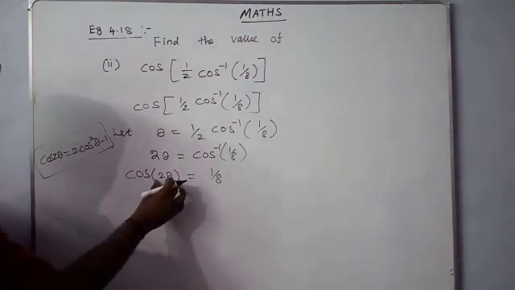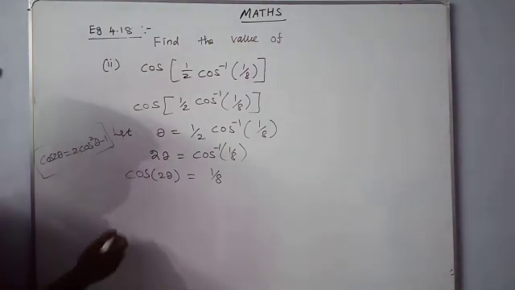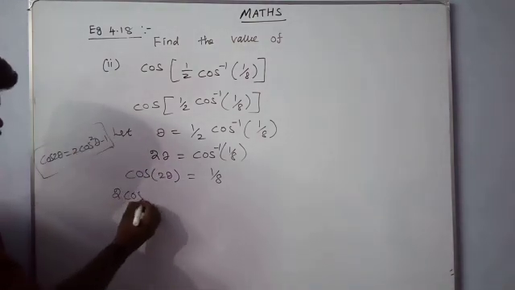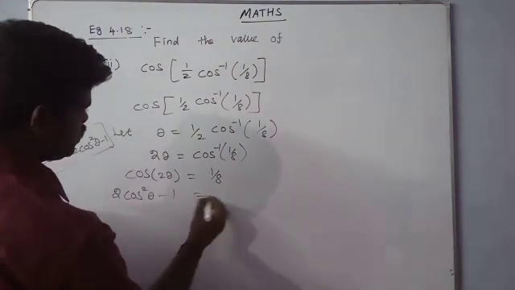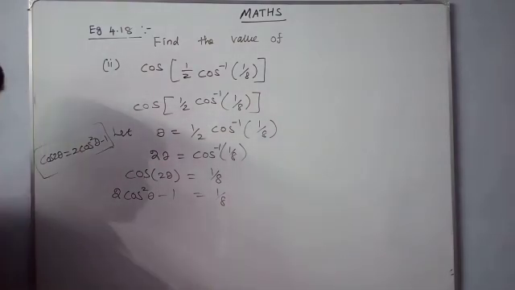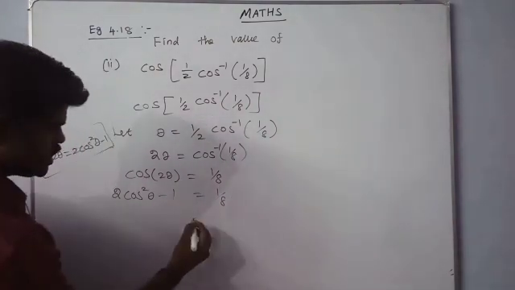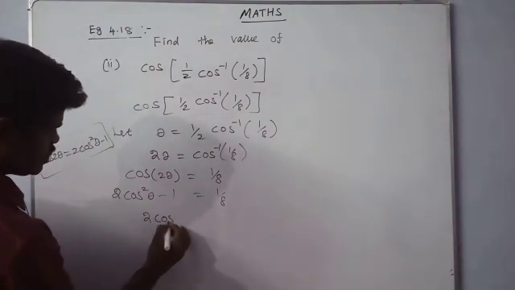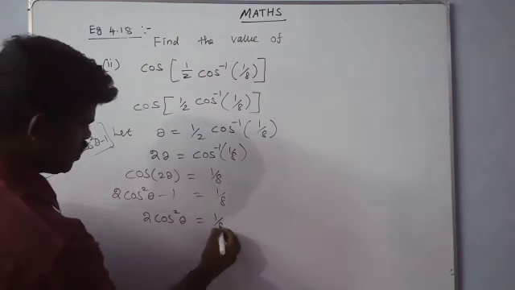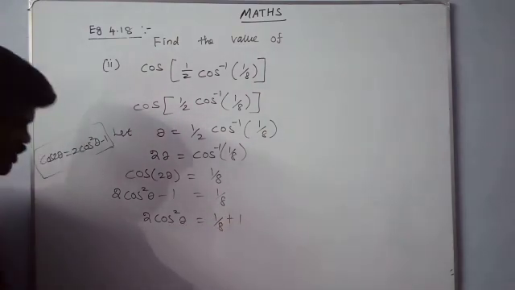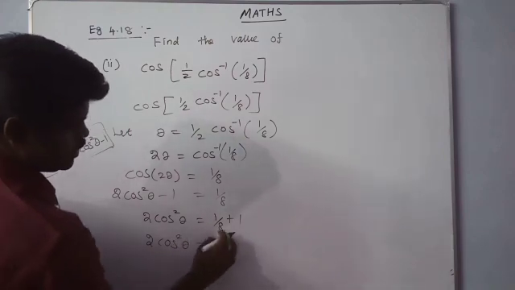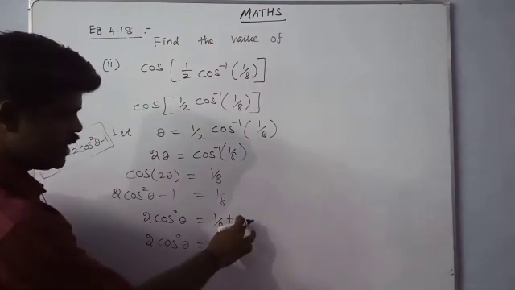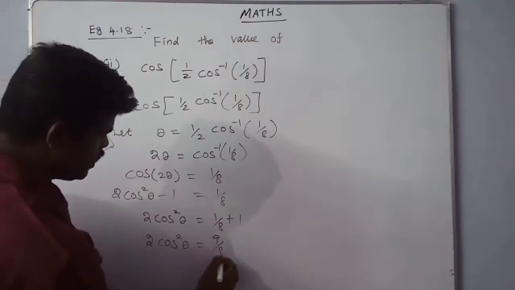Cos 2 theta can be written as 2 cos square theta minus 1, which is equal to 1 by 8. And take minus 1 to this side. 2 cos squared theta is equal to 1 by 8 plus 1. And 2 cos squared theta is equal to 9 by 8.